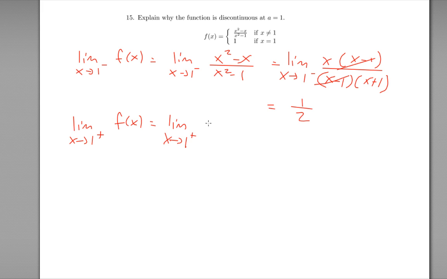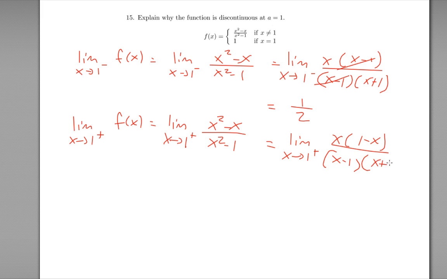So I need to use the not 1 version of my function, which is this, x squared minus x over x squared minus 1. So this is the exact same calculation we did up at the top there. x times x minus 1 over x minus 1 times x plus 1, and so when I cancel these out, this is going to be x.